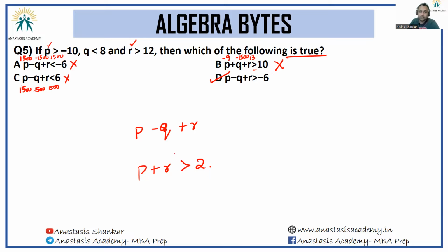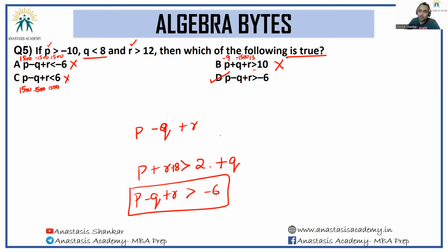Now, if I introduce the same term here, but on the opposite side, plus Q here, plus 8 here, then I take Q to the other side. P minus Q plus R is greater than minus 6. Yo, I'm getting the last expression. I can reach the answer directly also, but it is much more fun to assign values yourself, play God in the storyline, and then get to the final answer.